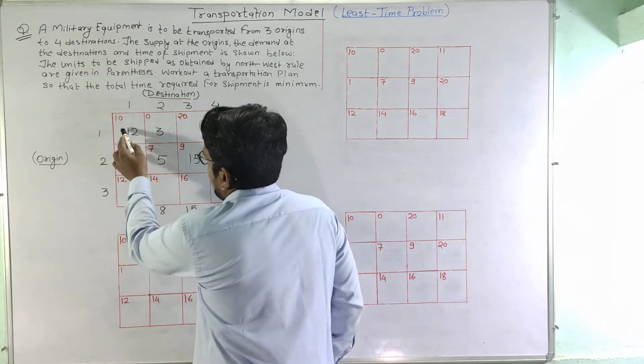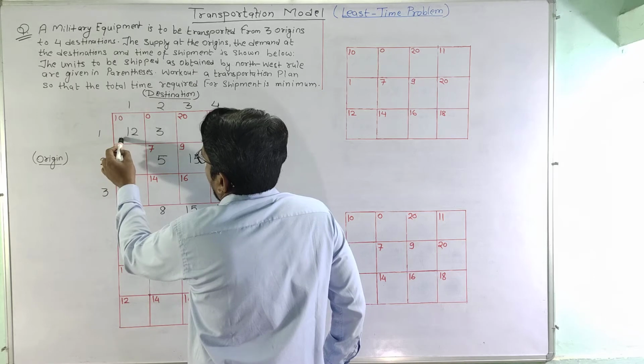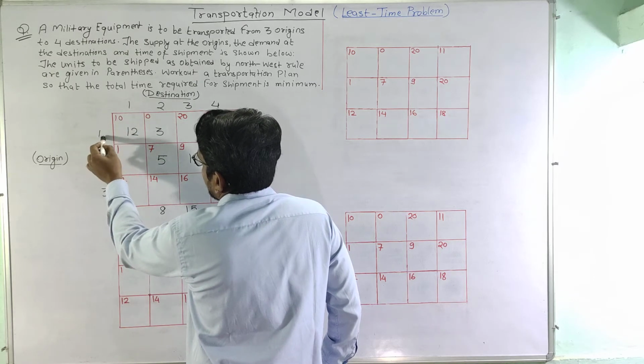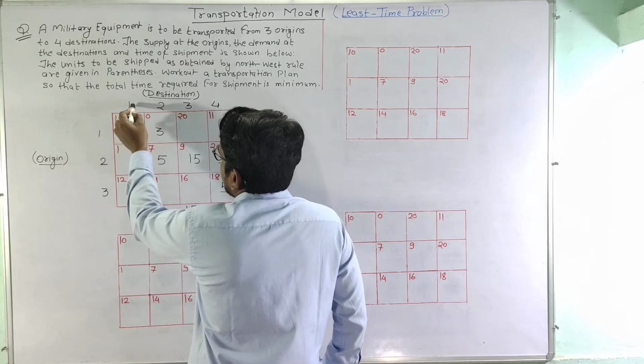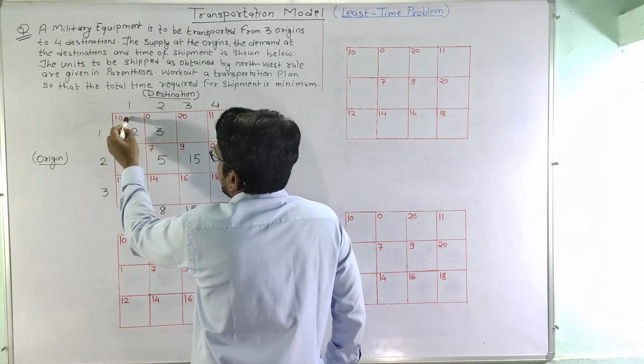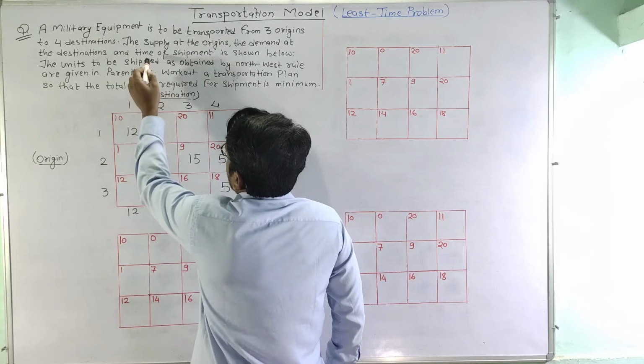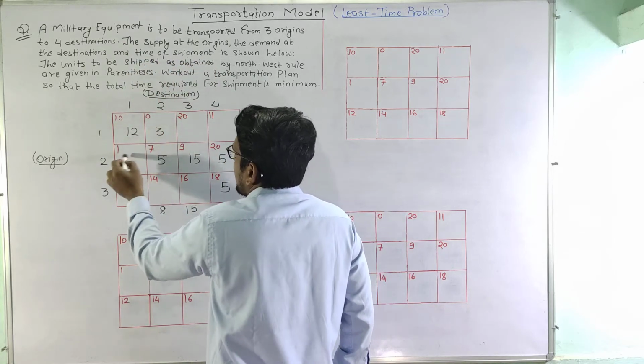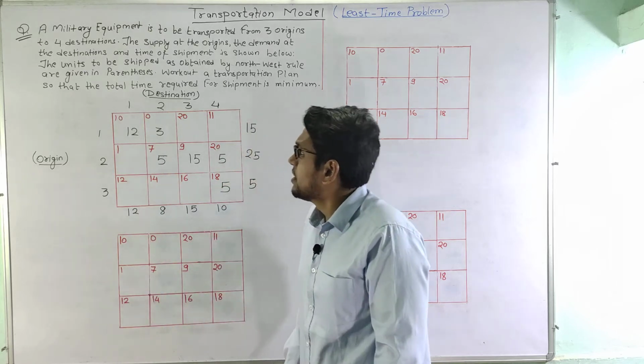For example, we can see here the time required to transport 12 units from source 1 to destination 1. So this is the time of shipment: 10, 0, 20, 11, these are all times of shipment.